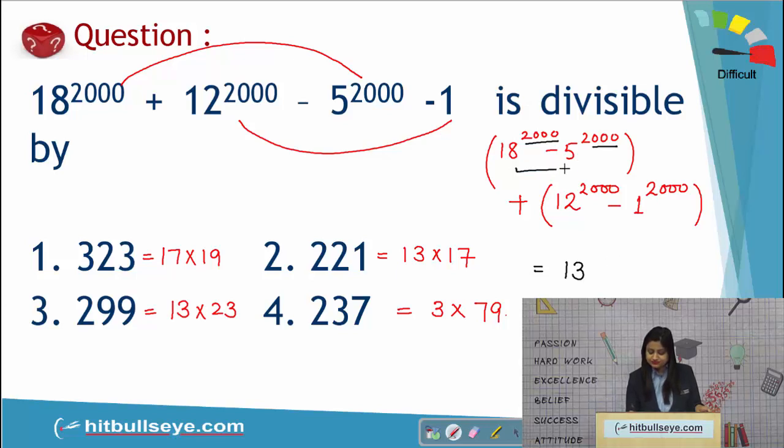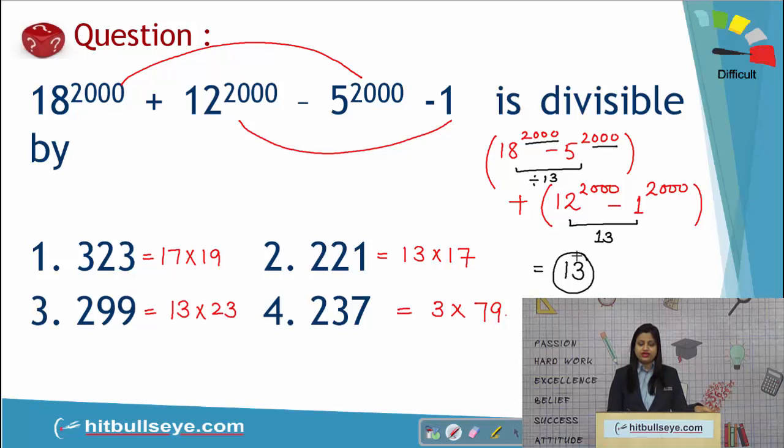Similarly, the other expression, 12 raised to power 2000 minus 1 raised to power 2000, will be divisible by 12 plus 1, that is 13 again. So this is divisible by 13. So 13 should be a factor of the complete expression.